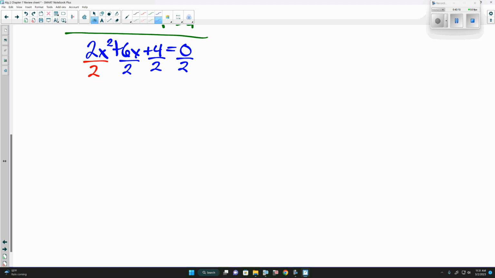Finishing this up here, which would give us x squared plus 3x plus 2 is equal to 0. Yes? Now at this point, we can factor. Guys, quietly. Thank you. Here, plus and plus, factors of x squared are x and x. And the factors of 2 are 1 and 2.